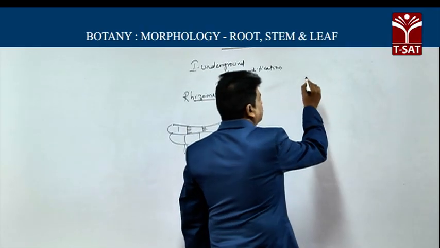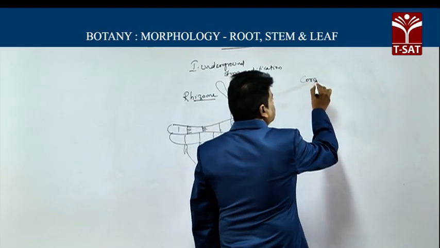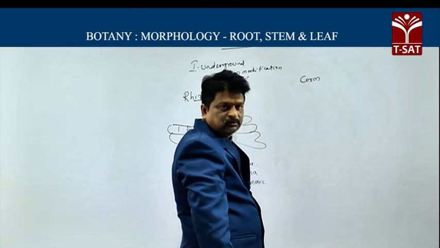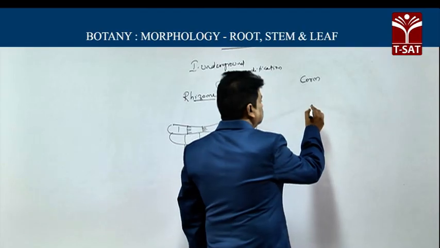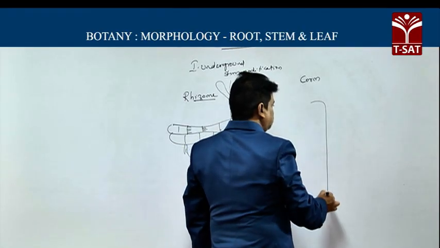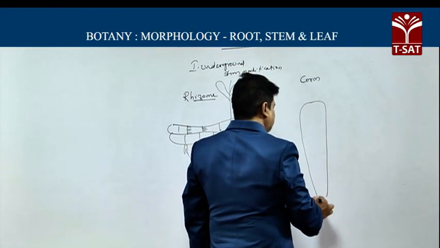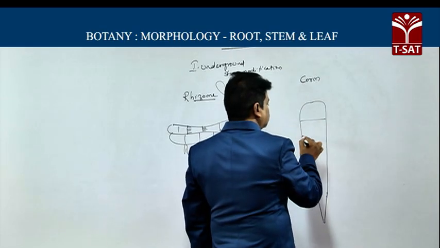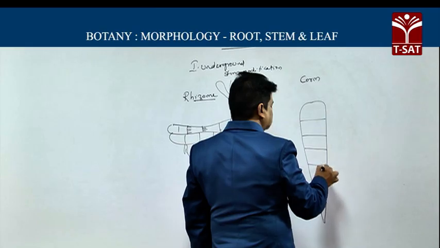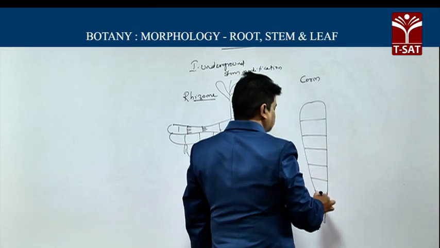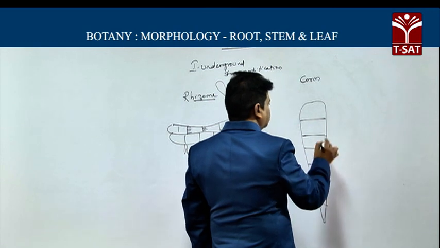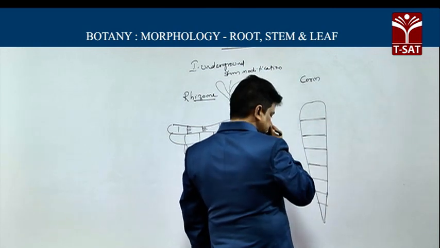Second type of underground stem modification is called a corm. This corm grows vertically into the soil. Corm shows nodes and also internodes.